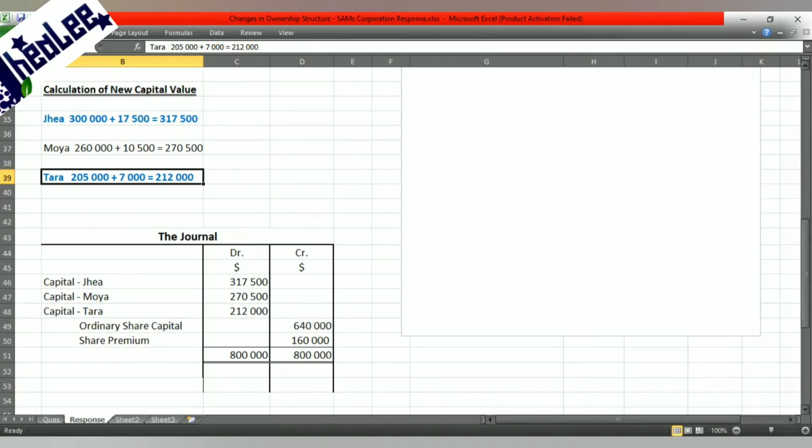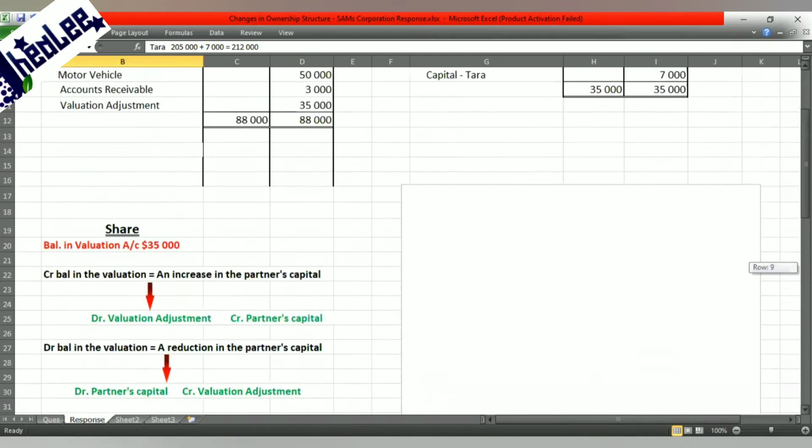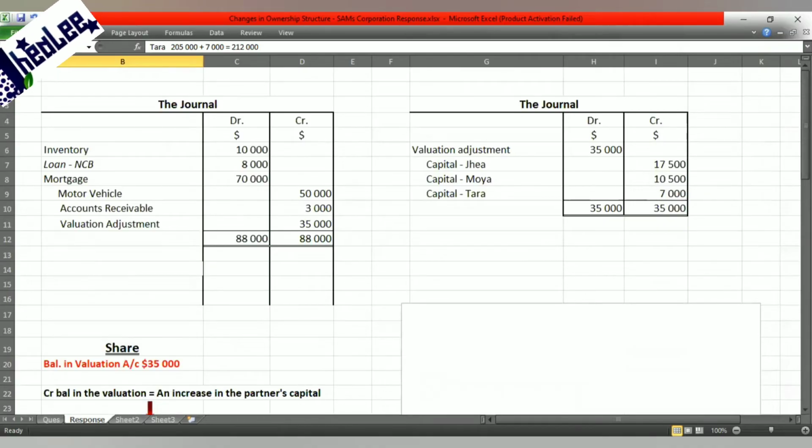So remember, before I go over to the balance sheet, the first thing that you do is compare the values. When you compare the values, if there's an increase or a decrease in the difference between the book value and the fair value, you would then use your double entry rule to determine whether you're going to debit or credit.